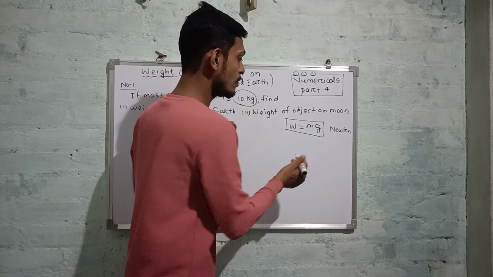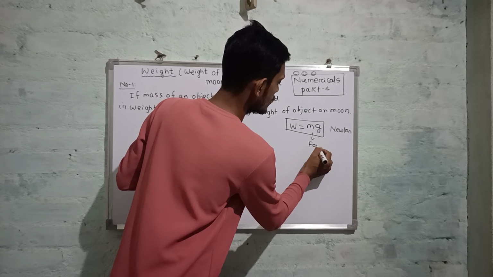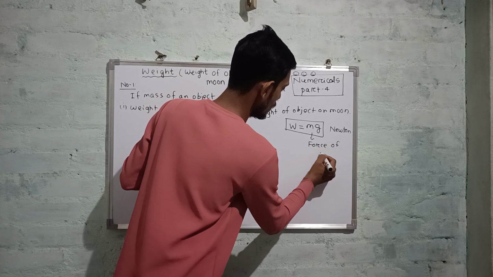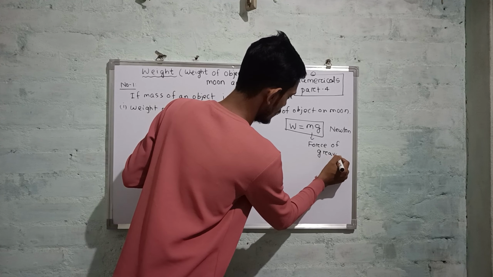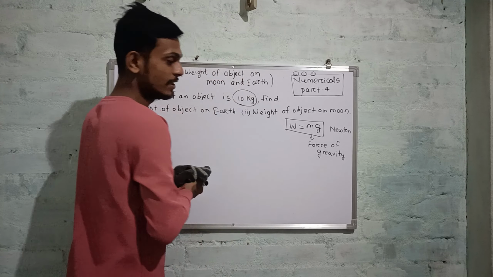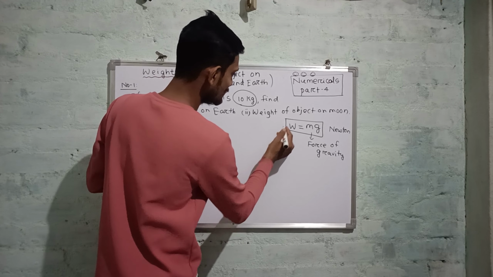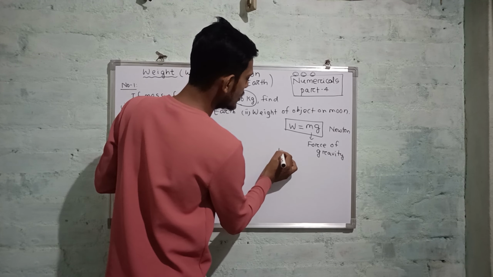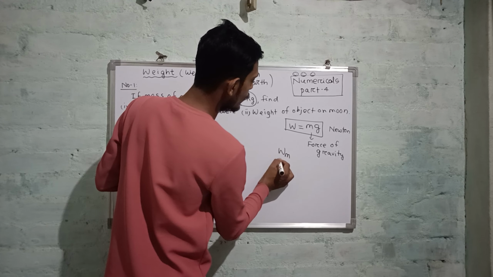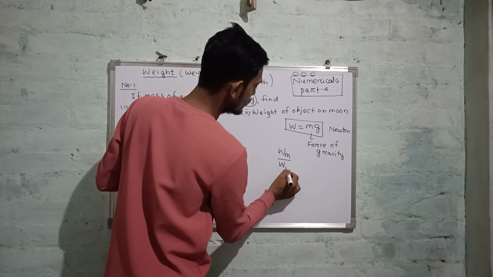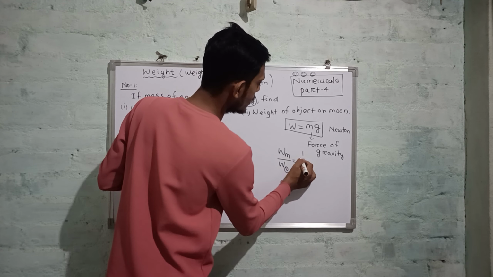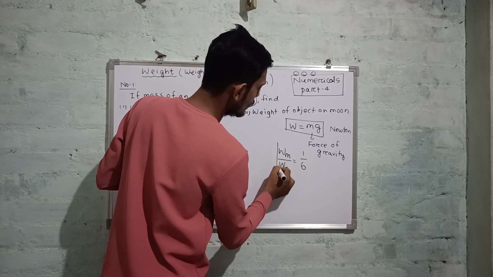Which type of force? That is the force of gravity. Is it clear? Then what is the relation between weight on the Moon and weight on Earth? That is 1/6, a very important formula.